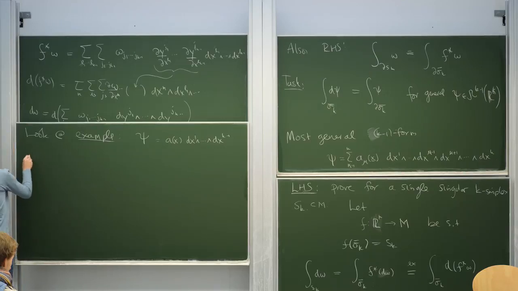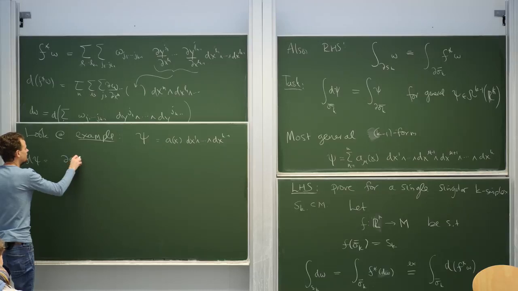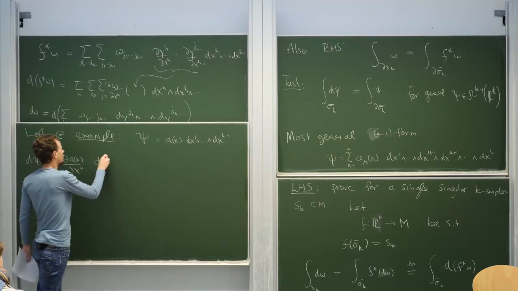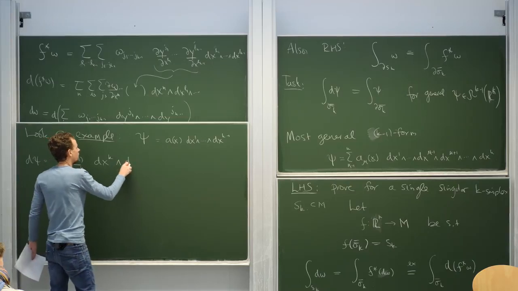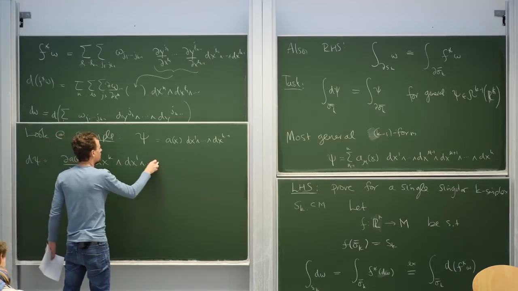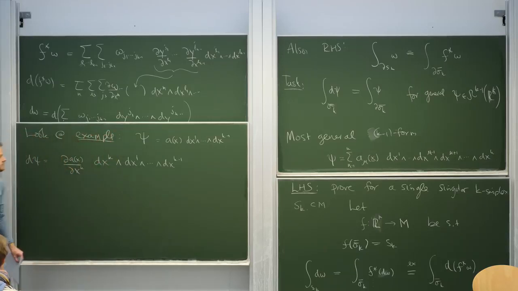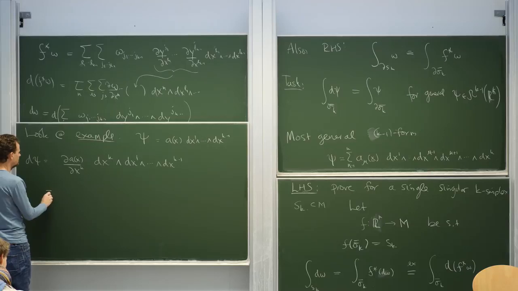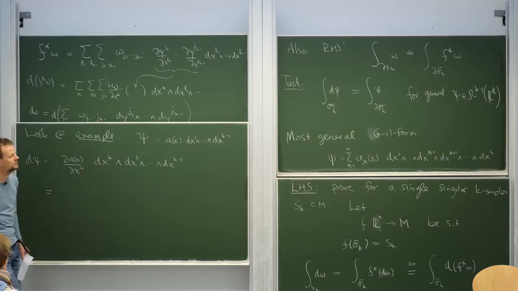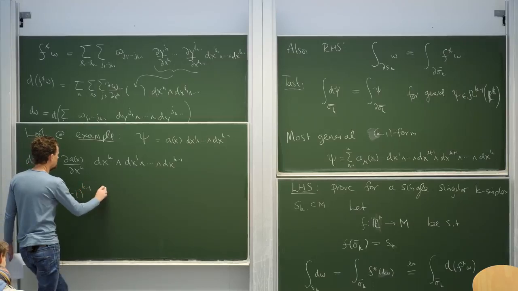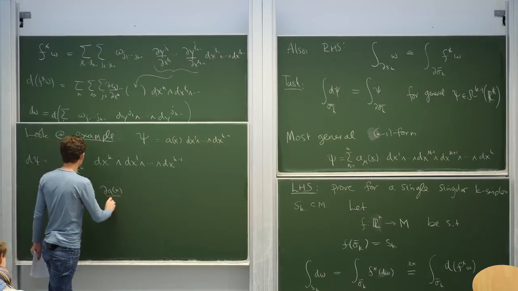Let's do the d of it. What's the exterior derivative of psi? Well, it's this, the definition of the exterior derivative. And depending on k, this could be plus or minus the following thing.